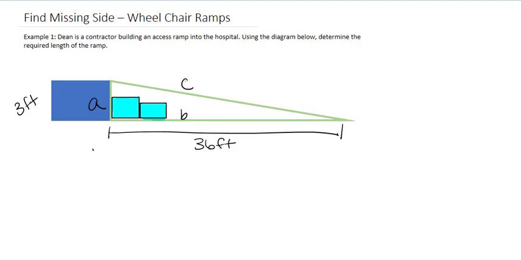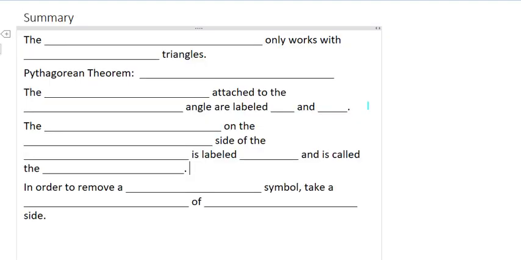And we do this by using the Pythagorean Theorem.